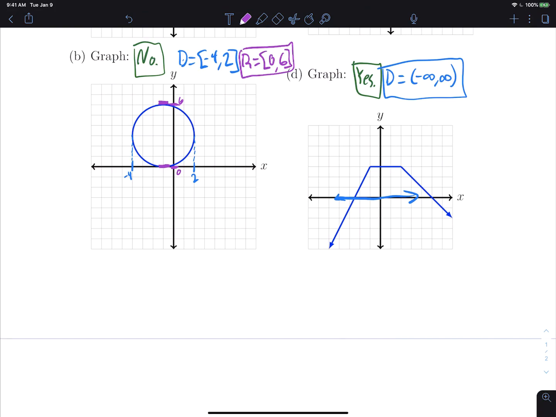As for the range, notice that again it's going down forever, so I can use anything that way, but there is a maximum value right there. And that maximum value is 1, 2, 3. So the range here starts at negative infinity and goes up to 3. Excellent.